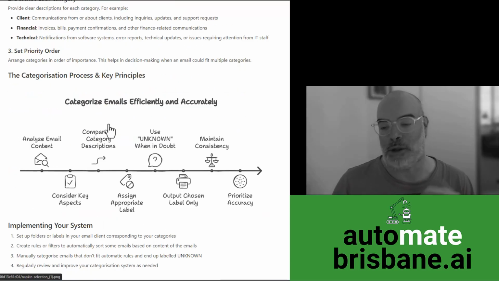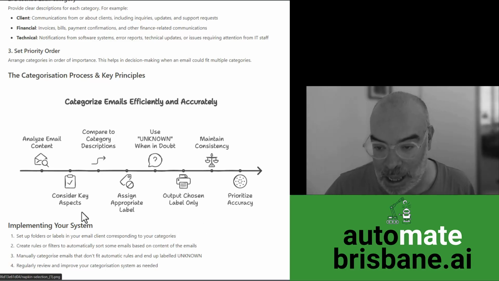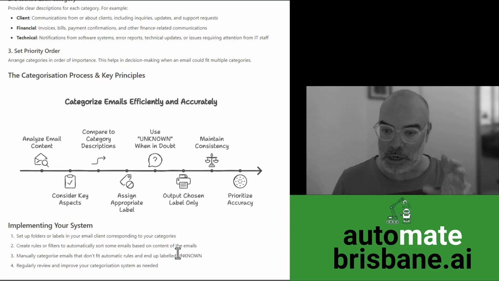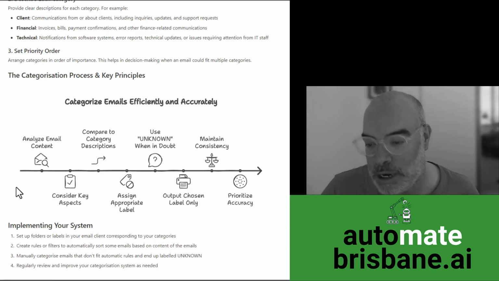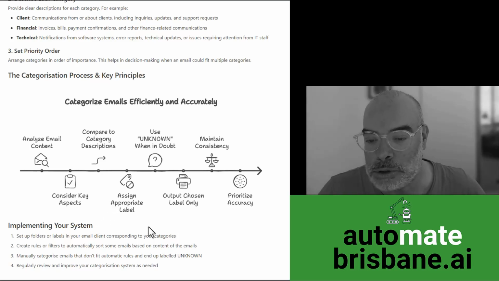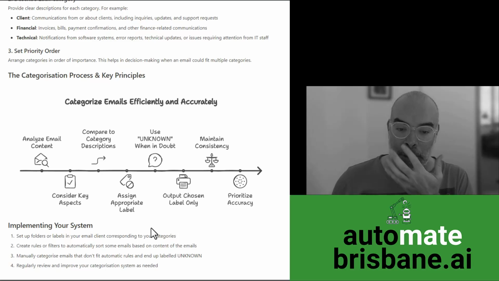So I've written out like a 1,500 page document explaining how to do this process to the categorization assistant. And so it reads the emails, it knows its instructions, and so it compares what it read in the email with what the instructions were that I gave it, including all the different categories that emails can belong to. And then it assigns the appropriate label if it knows. If it doesn't know, it will label it unknown.